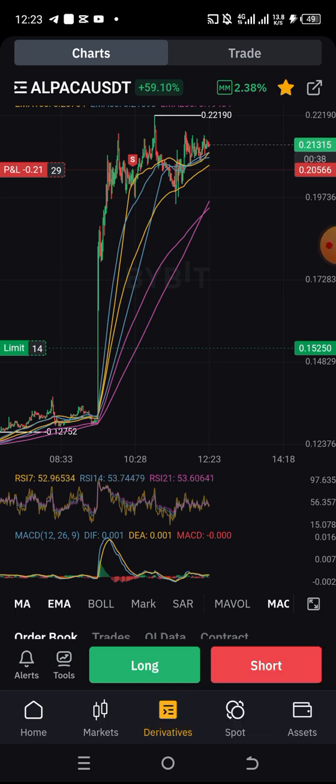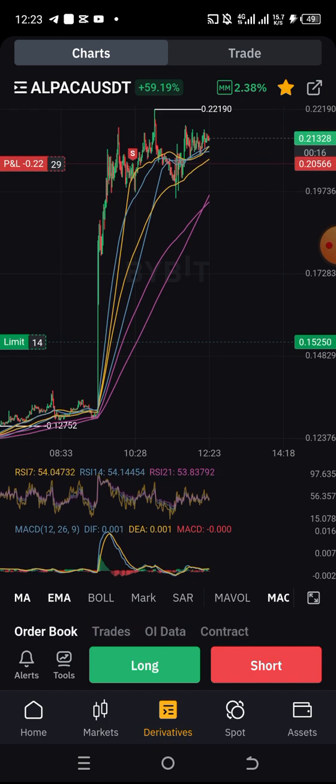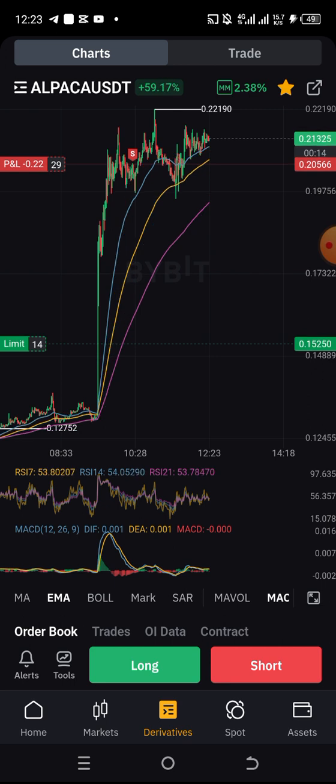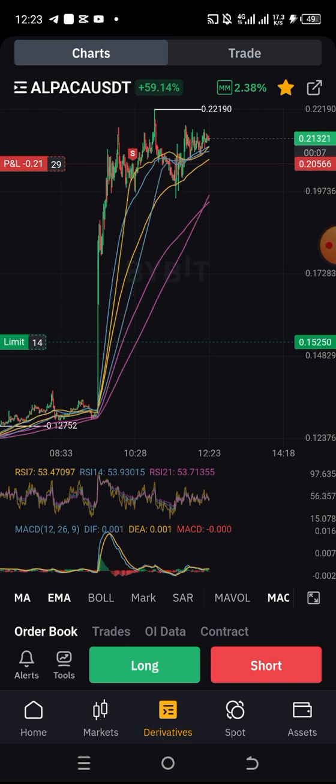If I turn off my EMA indicator, the one showing on the chart right now is my MA indicator. If I turn on my EMA indicator, a combination of both MA and EMA is displayed on the chart. And if I also turn off my MA indicator, this is the EMA indicator showing on the chart. So I just turned on the two of them.